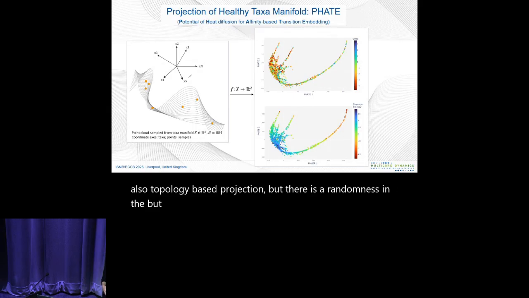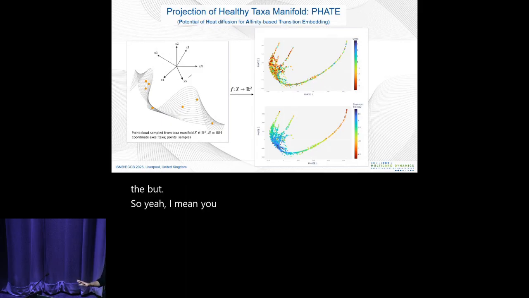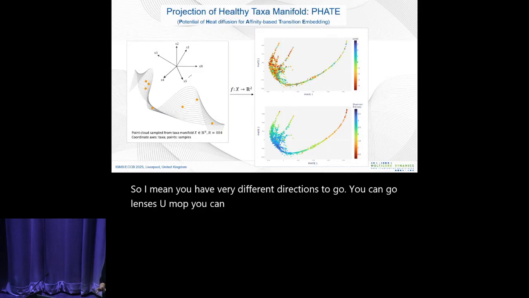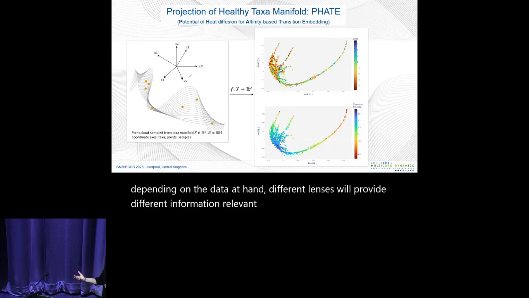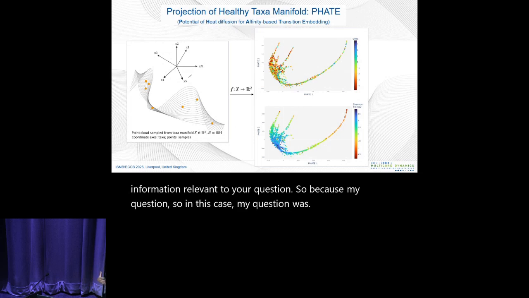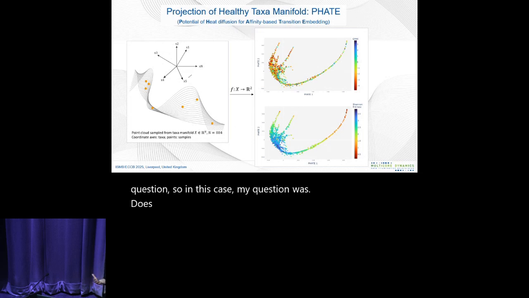So you have very different directions to go. You can go lenses, UMAP, you can go PCA, and in my experience, depending on the data at hand, different lenses will provide different information relevant to your question. So in this case, my question was, does the healthy microbiome have a structure?